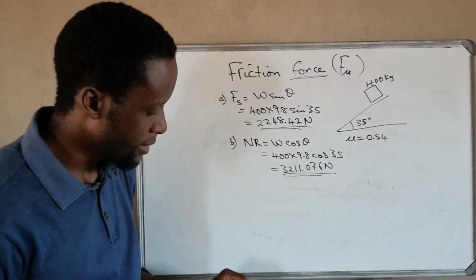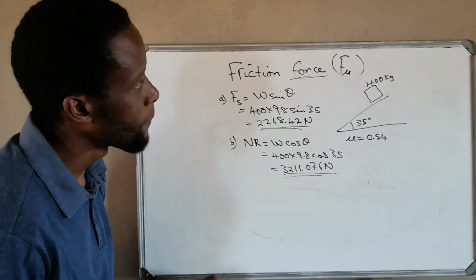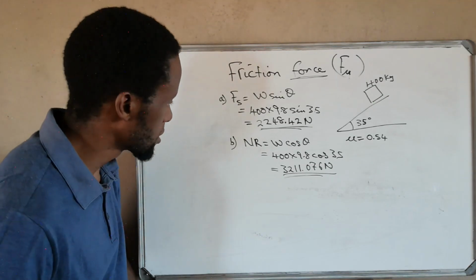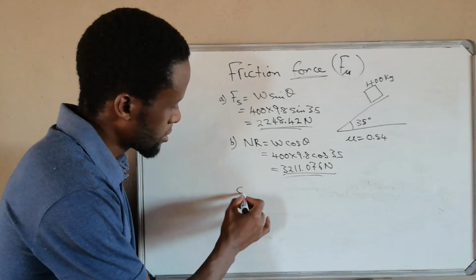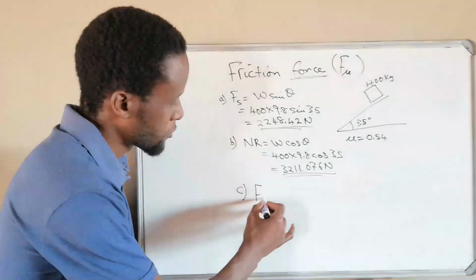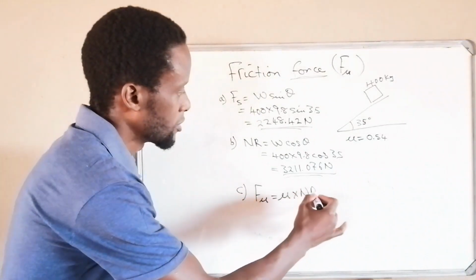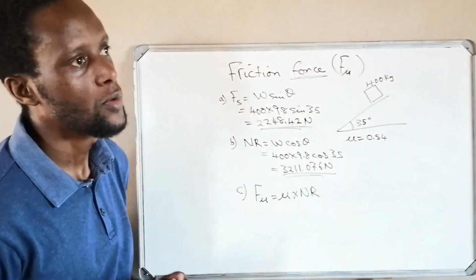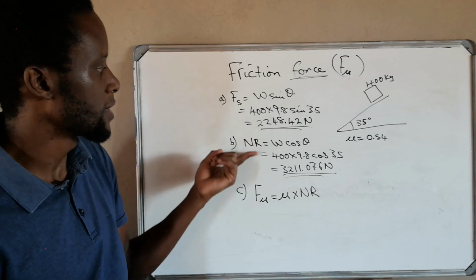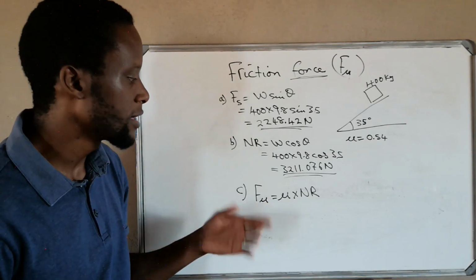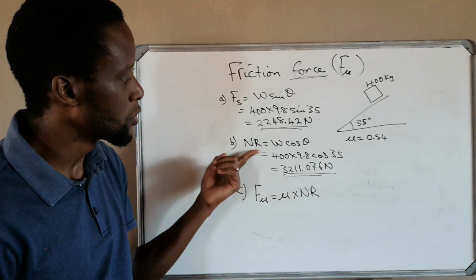Okay, and then the next question is asking us for the friction force. The friction force is our coefficient of friction times the normal reaction. Now, in some questions they will not ask you these previous two questions. They'll just go straight ahead and ask you to calculate the friction force. Then it means you do this separately.